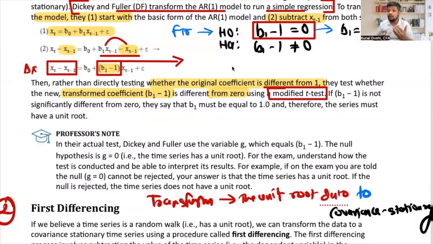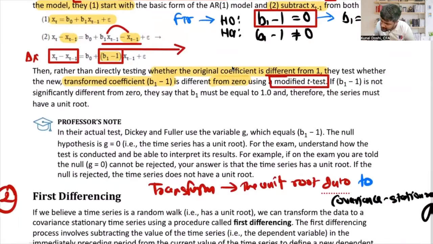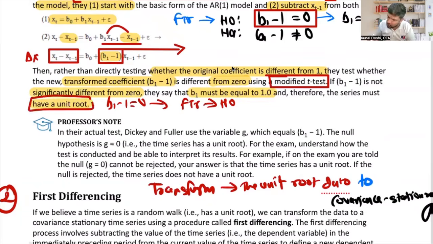If b1 minus 1 is not significantly different from 0, meaning b1 minus 1 is equal to 0, that means we fail to reject the null. If we fail to reject the null, it means b1 is equal to 1, and therefore it must have a problem of unit root. This is how we identify.